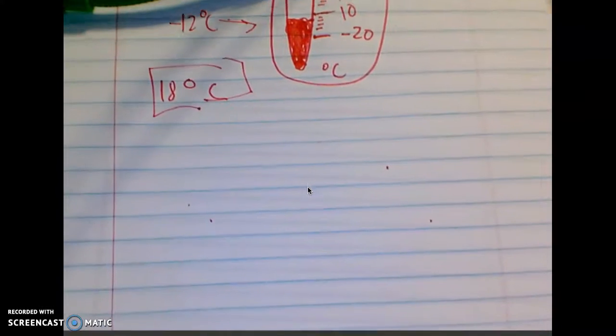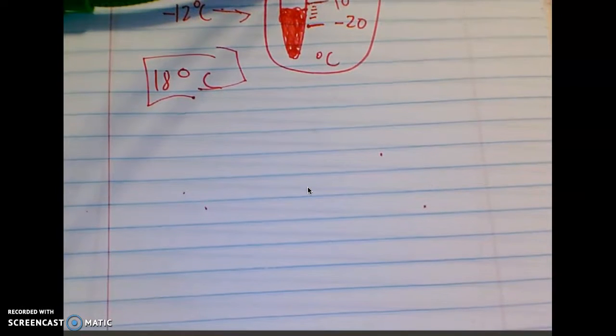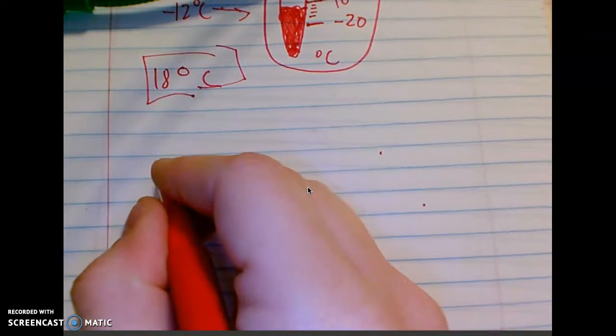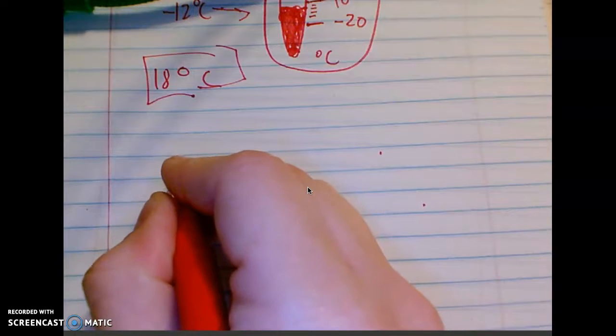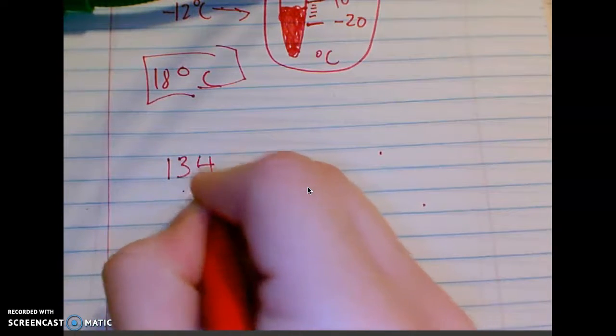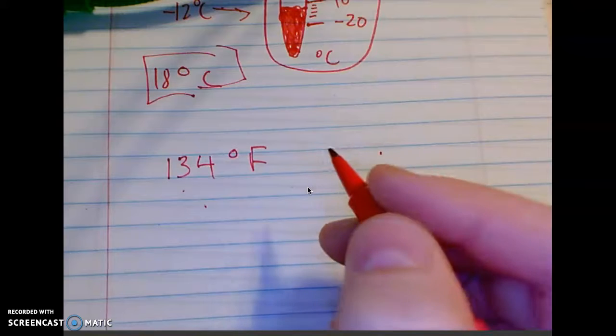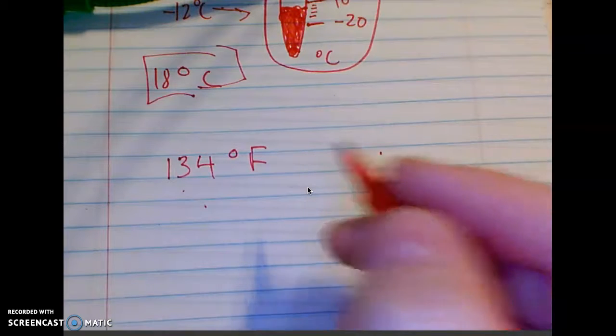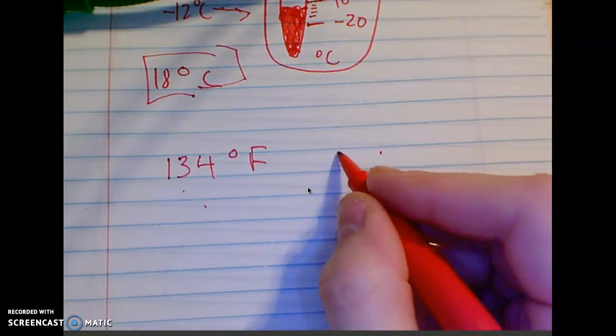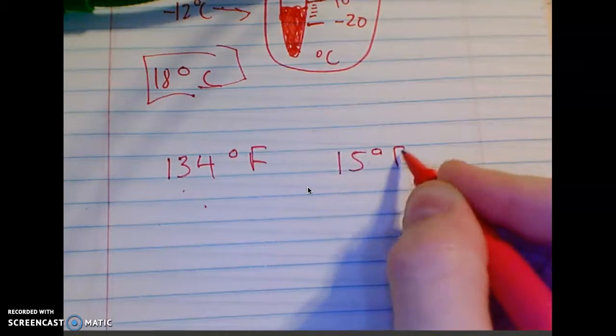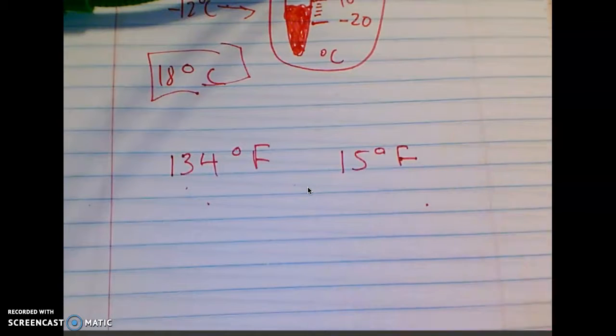Let's look at another example. The highest temperature recorded in Death Valley, which is in the United States, so we're going to be using Fahrenheit here, is 134 degrees Fahrenheit. Whew. The lowest temperature ever recorded, 15 degrees Fahrenheit. Now I want us to estimate the difference in temperatures.